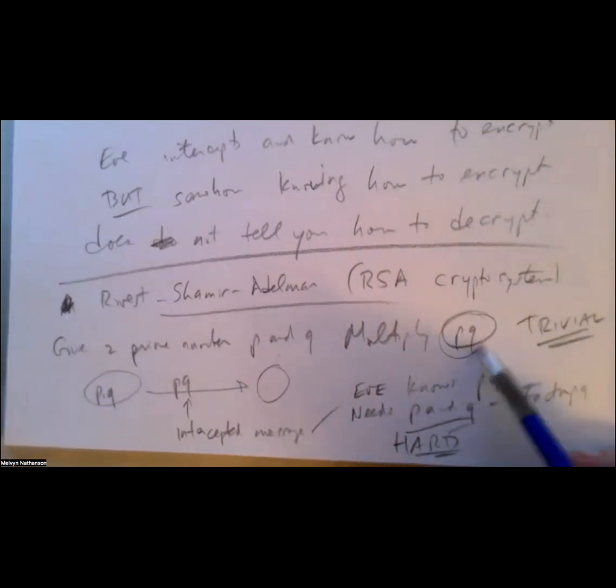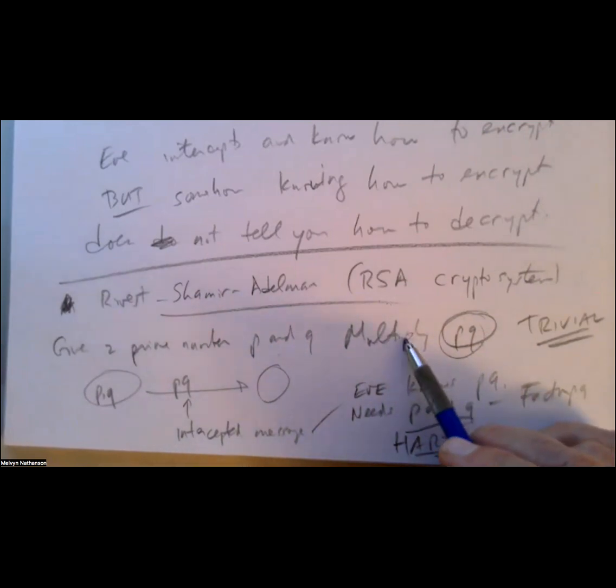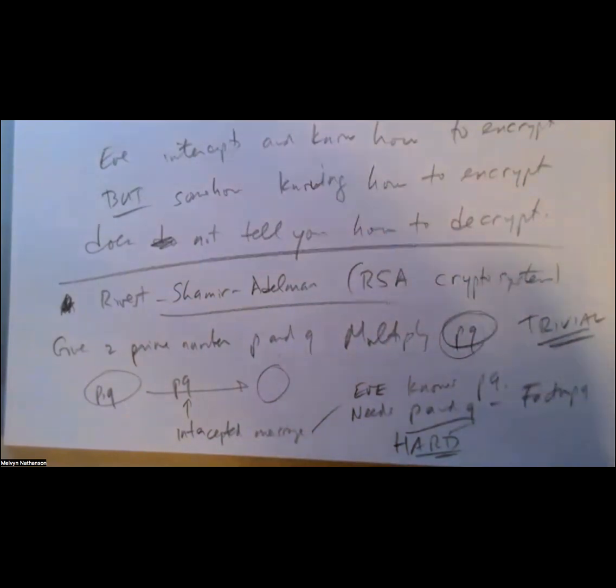But if you give a computer the product of two numbers, in particular the product of two primes, and you ask the computer to find the primes, it can't do it. Maybe once in a trillion tries it'll be lucky and do it, but can't do it. And that is the basis of this RSA crypto system.